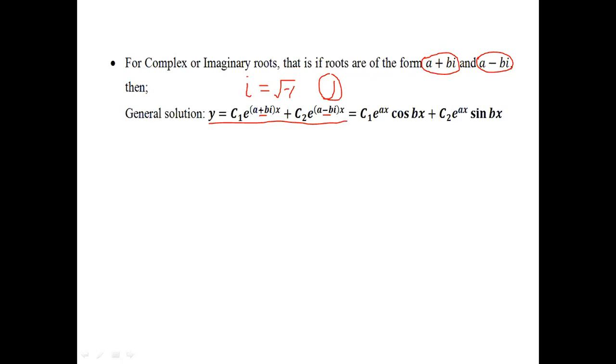For the first one there's a plus, then for the next one there's a minus. So this continues to C1 e^(ax) cos bx plus C2 e^(ax) sin bx. This is the expression for the general solution of a characteristic equation that yields complex numbers.